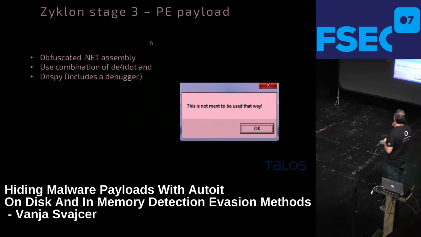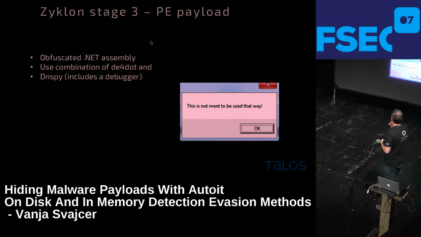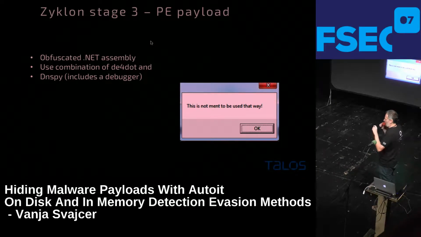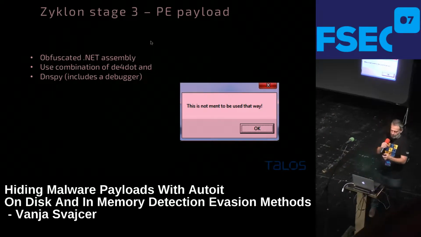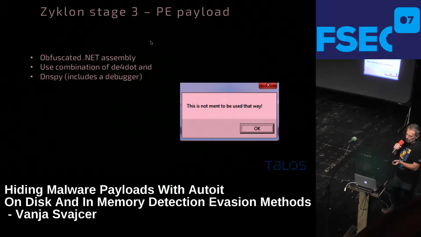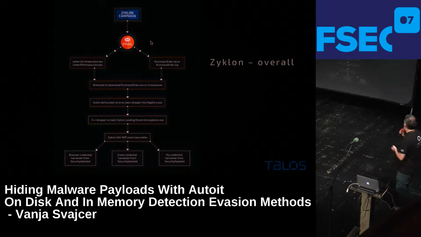The only thing I found is that these guys modified the actual Zyklon botnet, so if you launch it as a file from a command prompt, you will quickly get a message box saying this is not meant to be used this way. It only has to be encrypted and injected in memory, so you need to do some checking there.